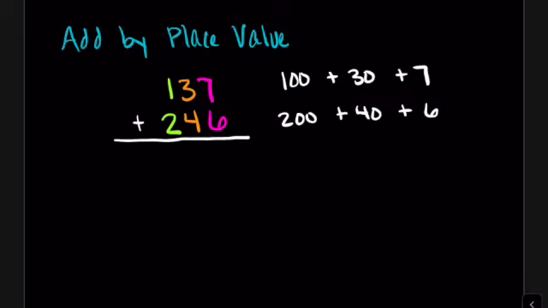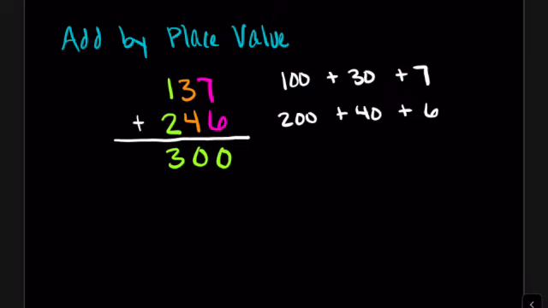We're going to add this example from left to right, but you could do it right to left as well. We're going to start with the left place value, which is the hundreds place, and add 100 plus 200. That gives me 300.